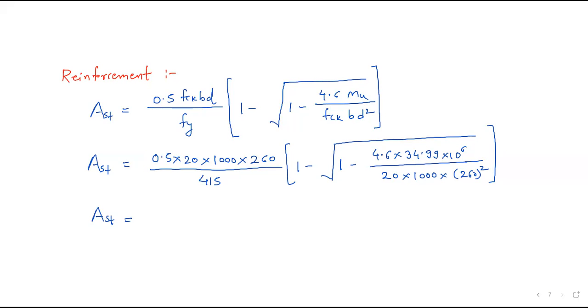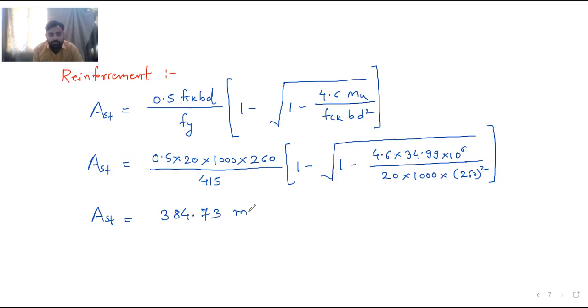What is the area of steel? Let me know the answer. Do quick calculation. 384.73 mm square.